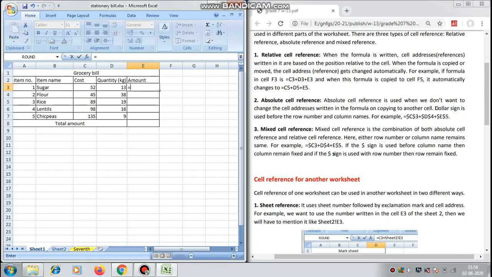Like here I have to multiply these two numbers. So I will write $C$3, multiplication sign, then again $D$3.